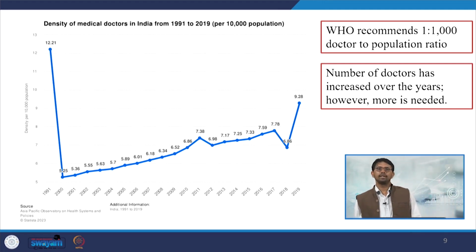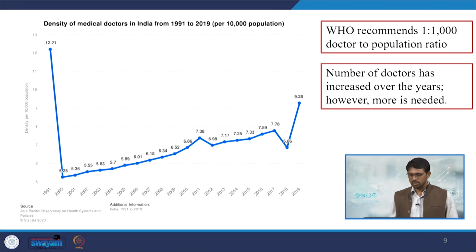WHO recommended a 1:1000 doctor to population ratio, or doctor patient ratio. The number of doctors has indeed increased over the years. However, still more doctors are required.